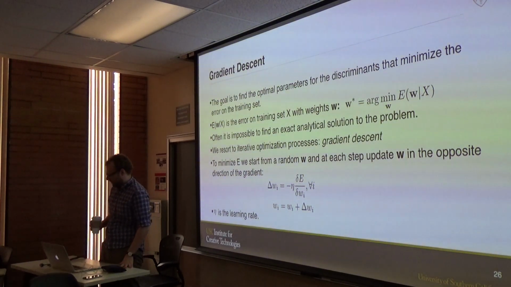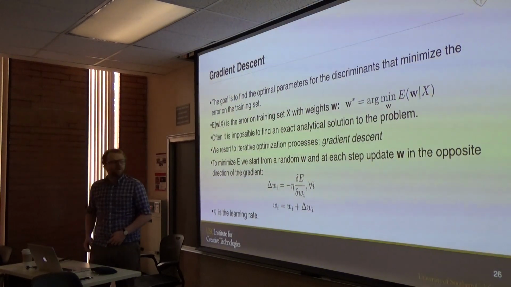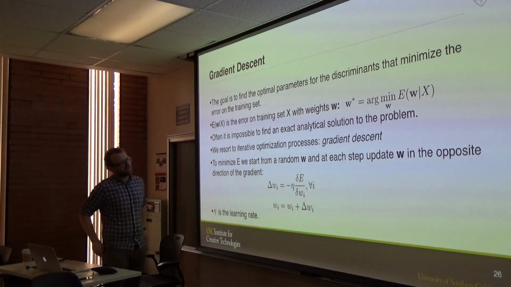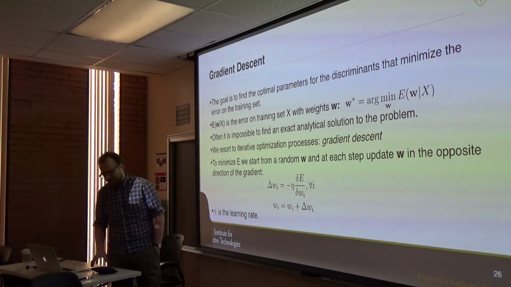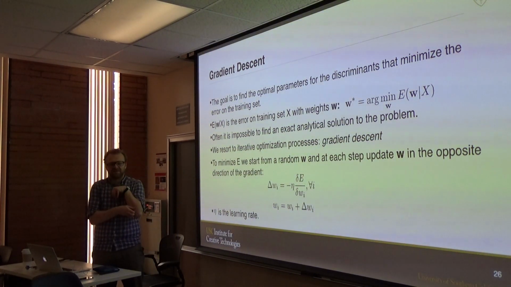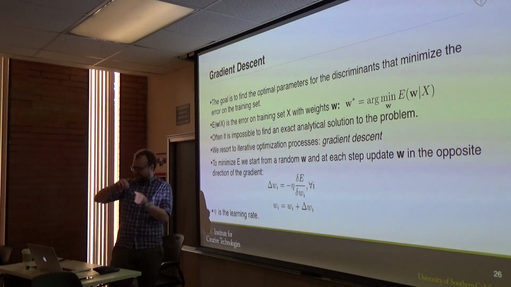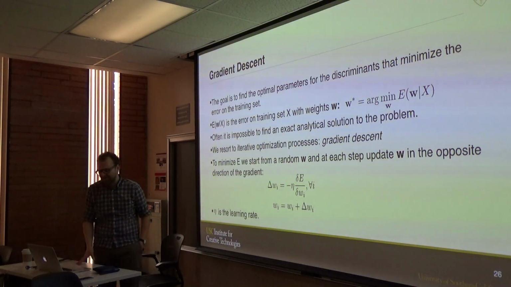We discussed linear discrimination and also logistic discrimination. Instead of learning the posterior probabilities and all the likelihoods, we just wanted to basically find a line that separates classes.